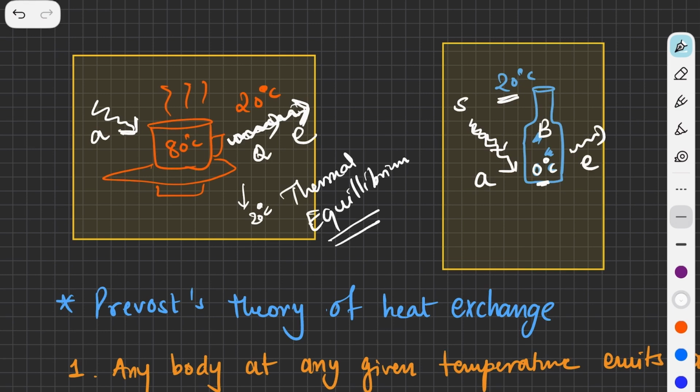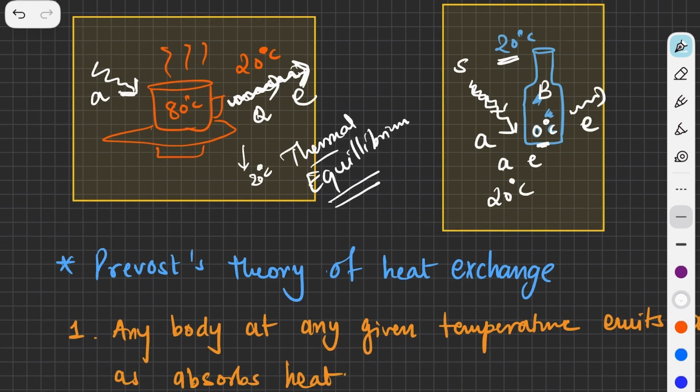So when the bottle comes to 20 degrees Celsius, which is the surrounding temperature, the rate of absorption and the rate of emission will become equal. And for this teacup as well, if the tea comes to 20 degrees Celsius, that is thermal equilibrium, then we can say the rate of absorption and rate of emission become equal. It does not mean that it has stopped emitting or stopped absorbing, the only thing is that absorption and emission have become equal.